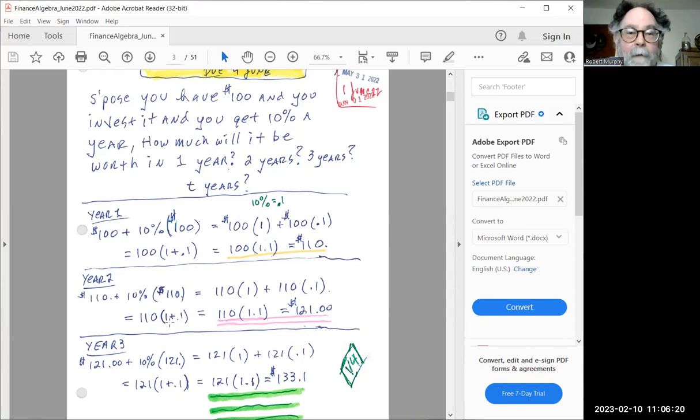Now I add 1 plus 0.1, so I have 110 times 1.1 equals $121.